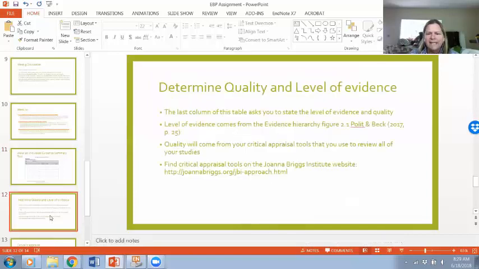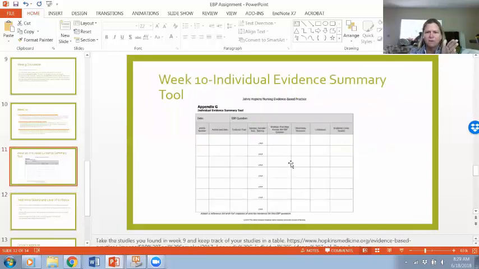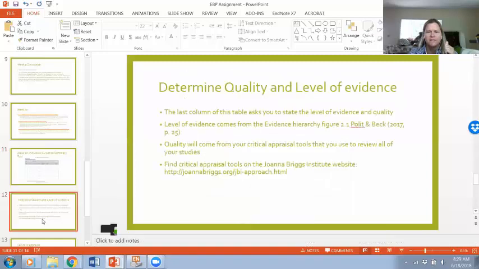So the next slide, I go into that one little column a little bit more. How are you going to determine the quality and the level of evidence of each one of these studies that you found? The first one is the level of evidence. It comes from page 25 of Polit and Beck, and it's also on the insert to our Polit and Beck.